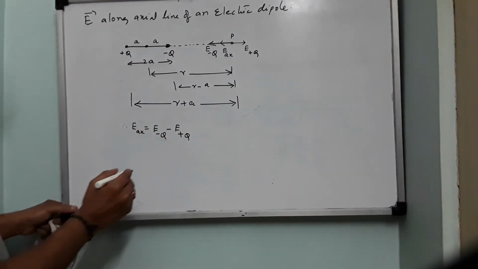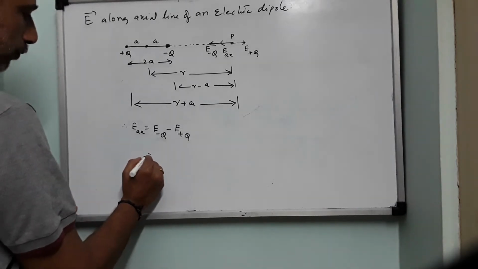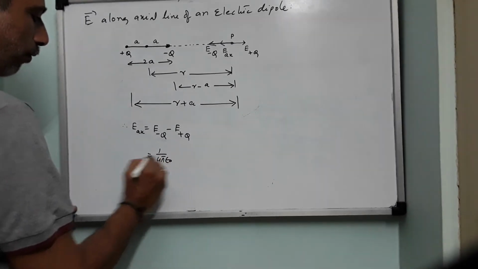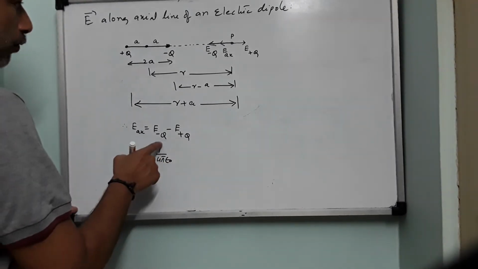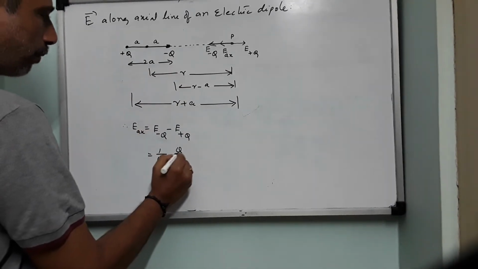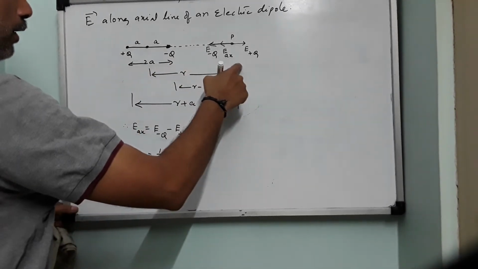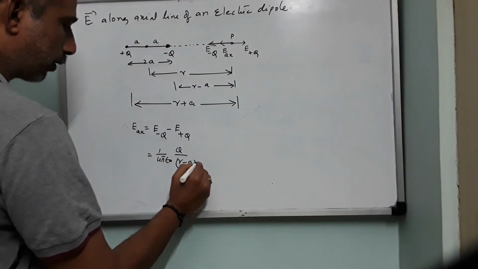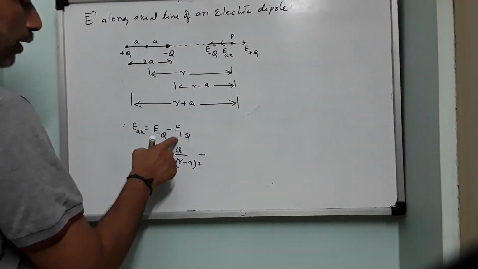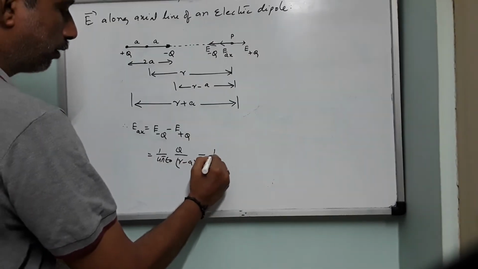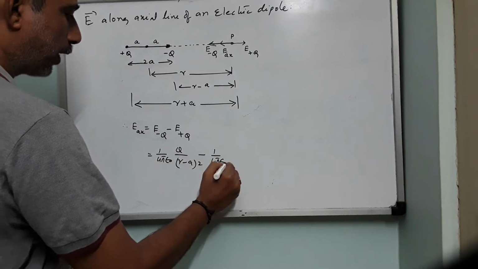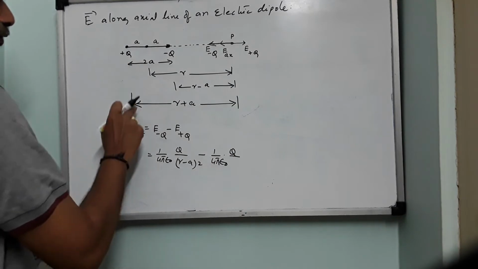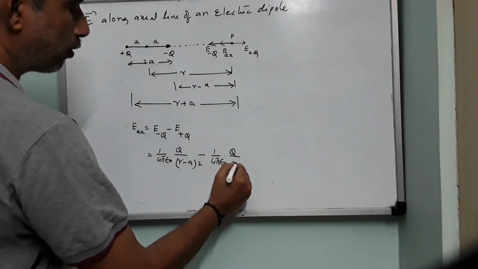Now E due to minus q is 1 by 4 pi epsilon 0 into the magnitude of this charge q divided by the distance of this charge from point P, r minus a, that is q by (r minus a) whole square, minus E due to plus q, which is 1 by 4 pi epsilon 0 into the magnitude of charge q divided by the distance of the charge from point P, (r plus a) whole square.